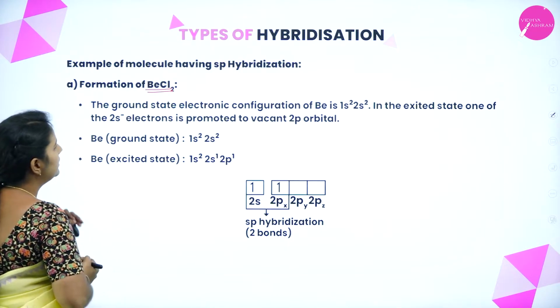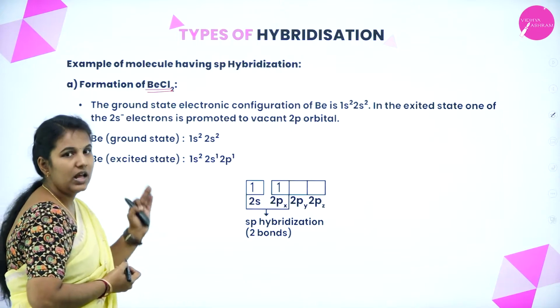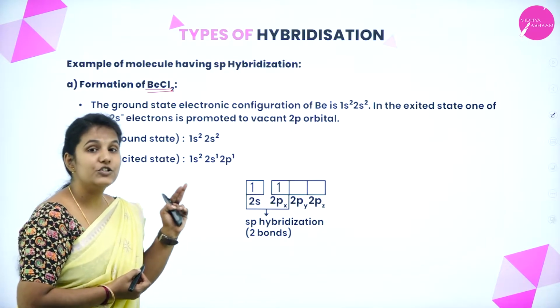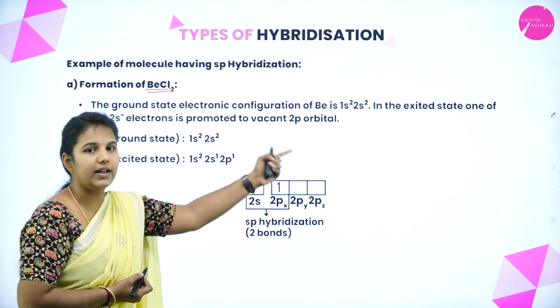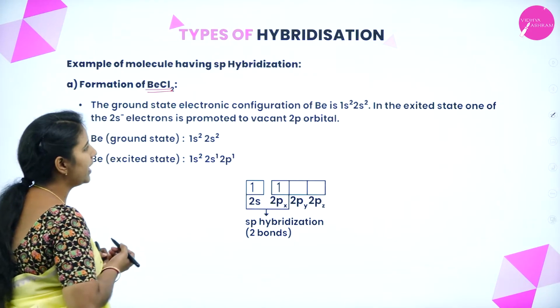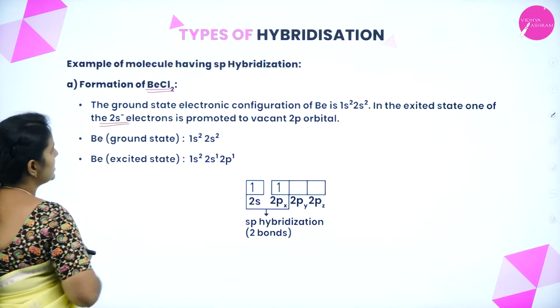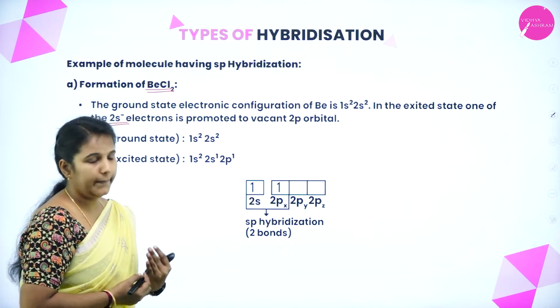We know that the ground state electronic configuration of beryllium is 1s2 and 2s2. It has 2 electrons in its outermost shell, present in which orbital? S orbital. Is it right? In the excited state, the 2s electrons get promoted to what? 2p orbital.